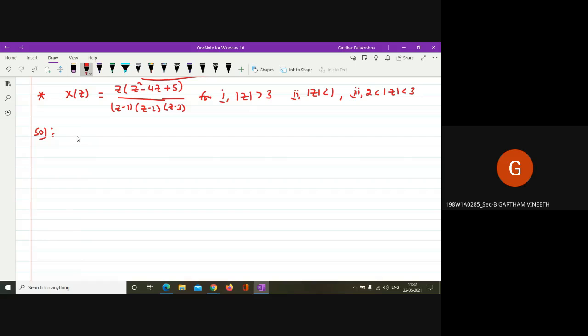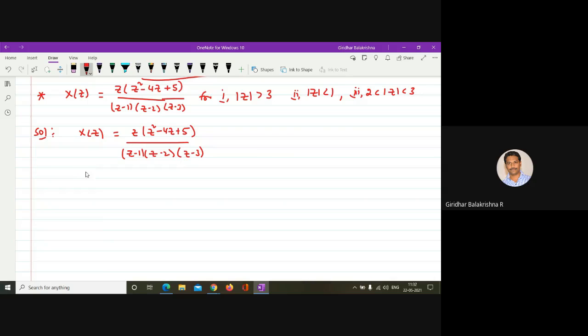Already given in terms of z, so x of z by z. So given x of z equal to z into z square minus 4z plus 5 by z minus 1 into z minus 2 into z minus 3. Given this one, so already it is in the form of z, so no need to convert anything, just write the step as it is.